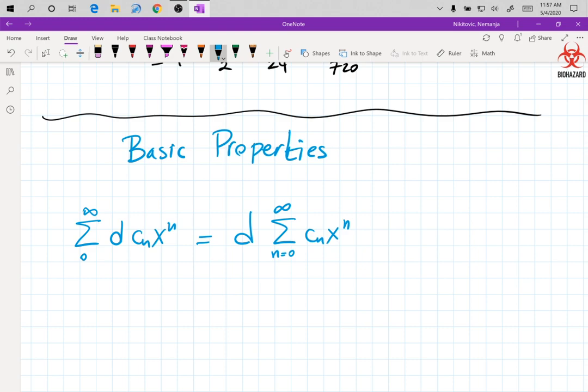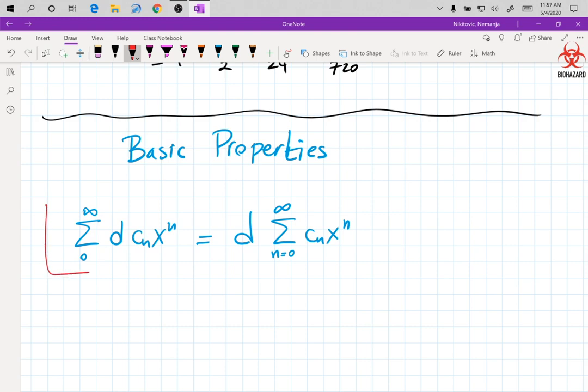The summation is ordered through n. So any constant or any variable like x that contains n, the summation will operate on it. D did not have any of that, so it can be kicked outside.